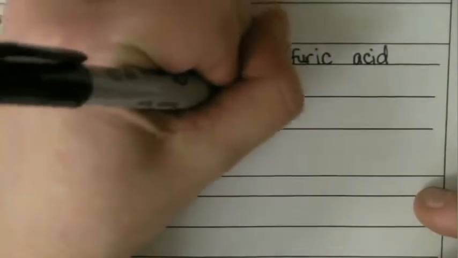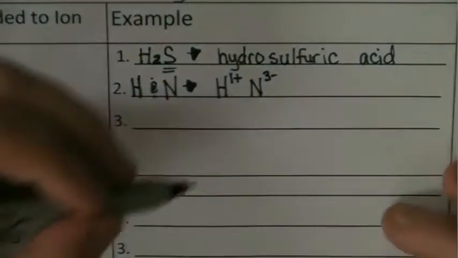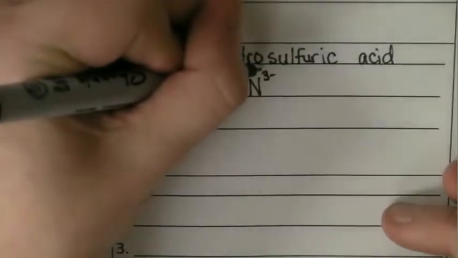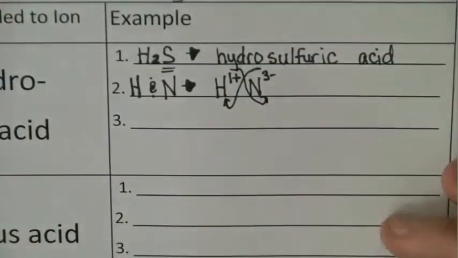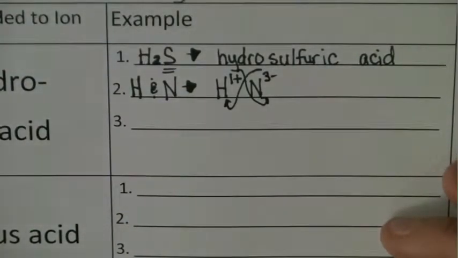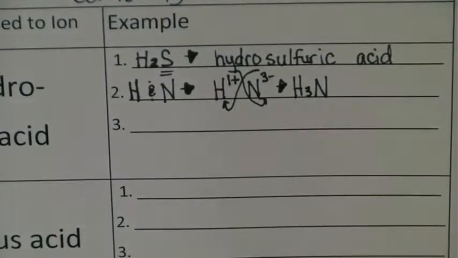It is nitrogen with a -3 charge. All right, so if we're going to make our compound, we know we cross over, right? So the 1 goes to the nitrogen, the 3 goes to the hydrogen. So we've got H3N. So far, so good, hopefully.